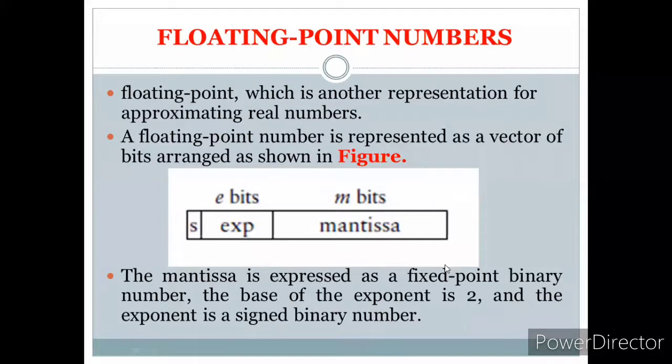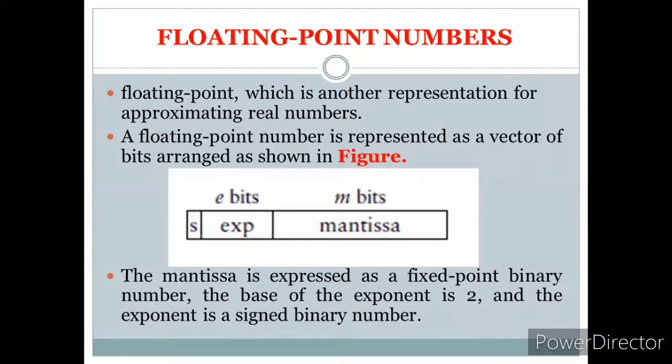Now the last part is floating point. Floating point is another representation for approximating real numbers. How is this floating point number represented? We know floating point, decimal points or exponential numbers. Mathematically we can write it properly, but how does the system come to know?